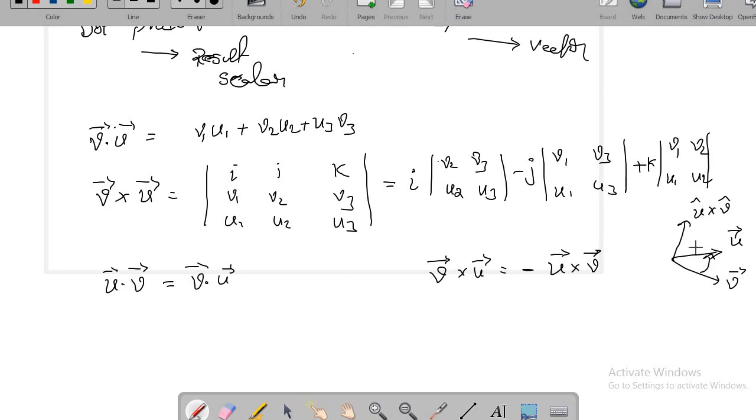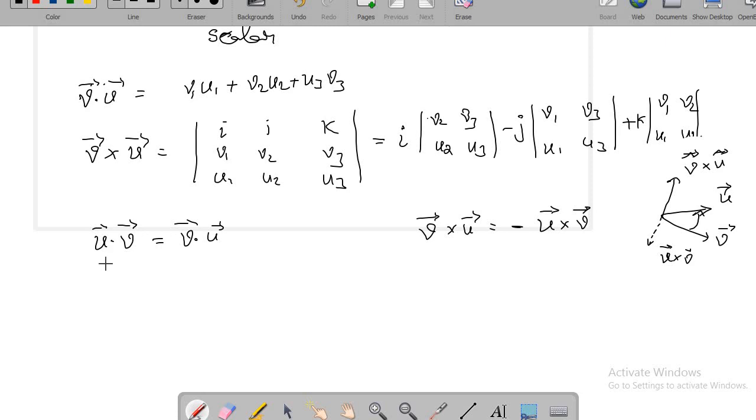So when you take v cross u, you will get upward, and the downward one is nothing but u cross v, the negative of whatever you have seen earlier. So cross product is not commutative, whereas dot product is commutative.